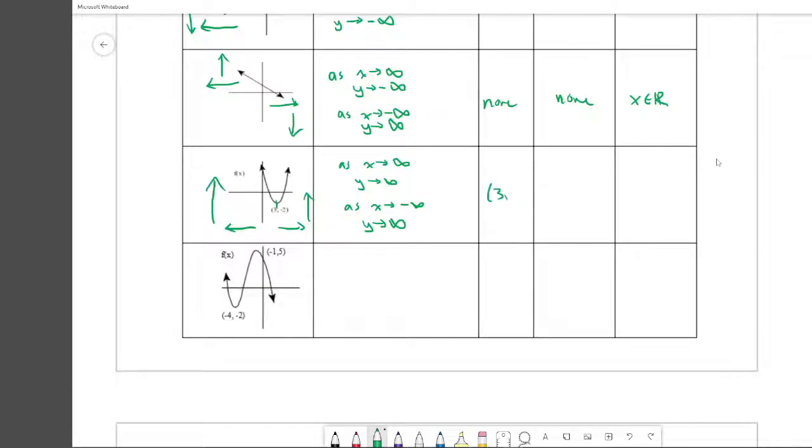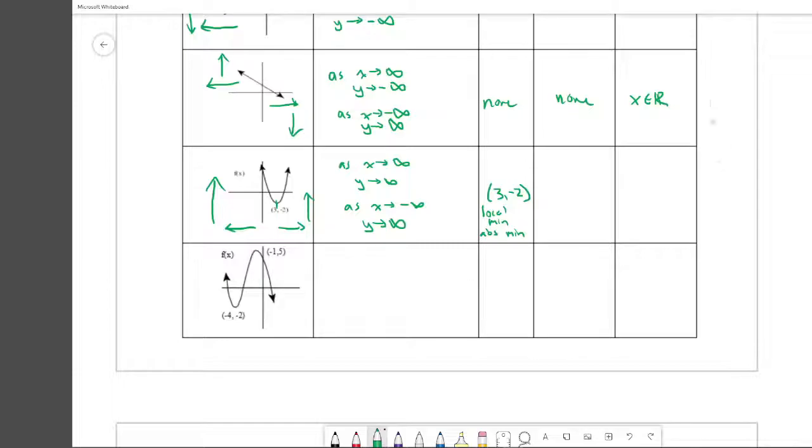The point appears to be (3, -2). That's a turning point, and we could classify it. Let's classify it as a local min and also an absolute min, because not only is it the smallest value in its neighborhood, it's also the smallest value of the entire function ever, hence the absolute min.